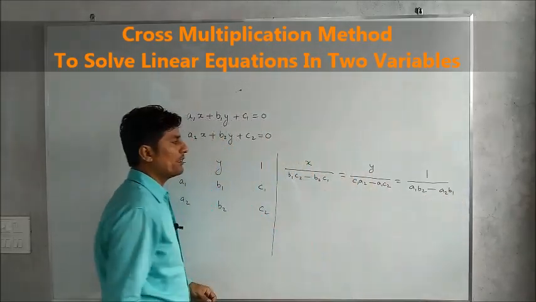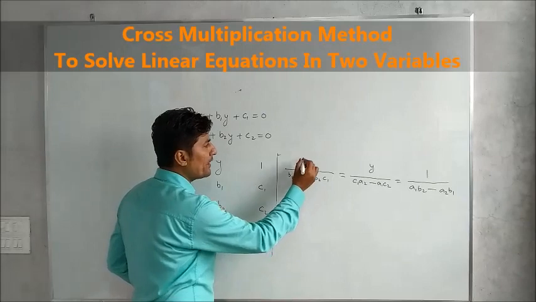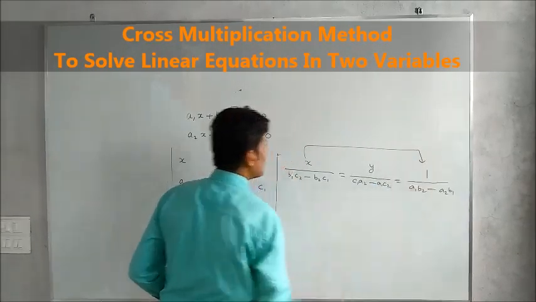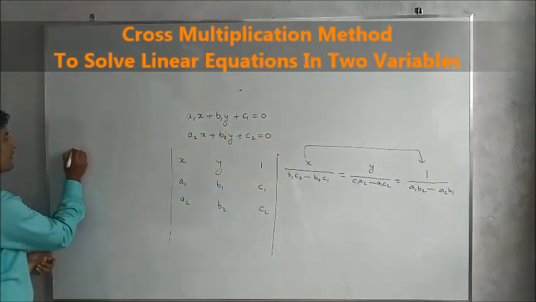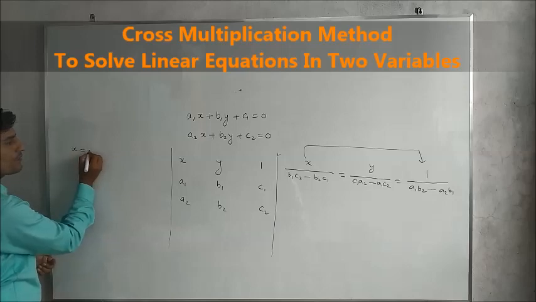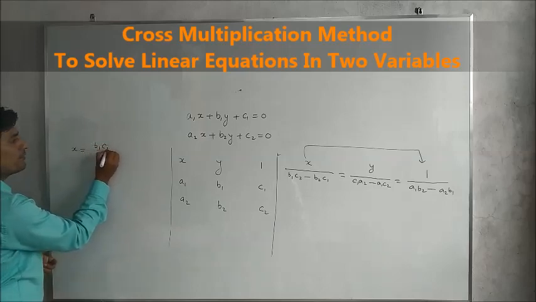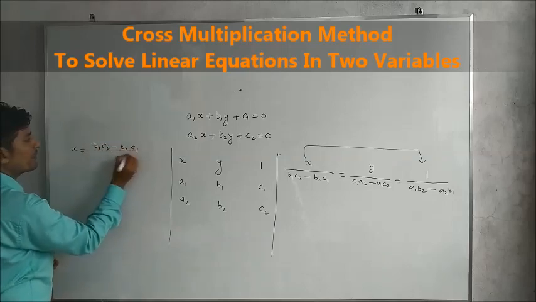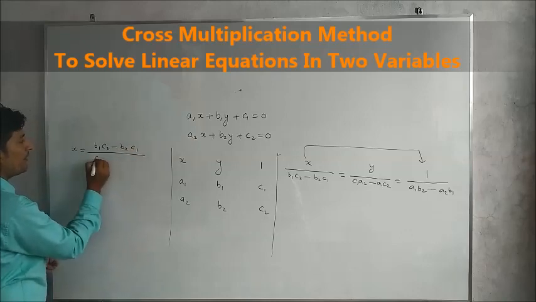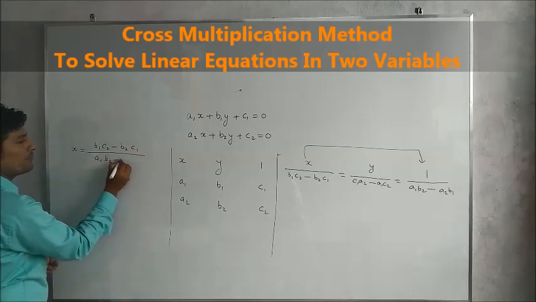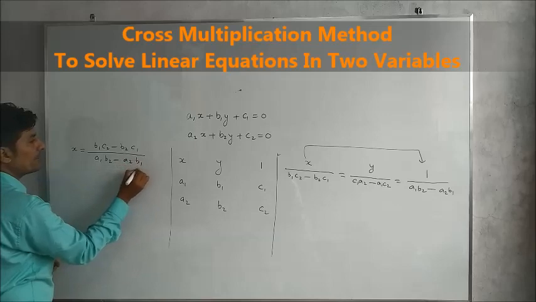In this way, we got this equation. If we equate these two terms, then the value of x will be equal to b1 c2 minus b2 c1 divided by a1 b2 minus a2 b1.